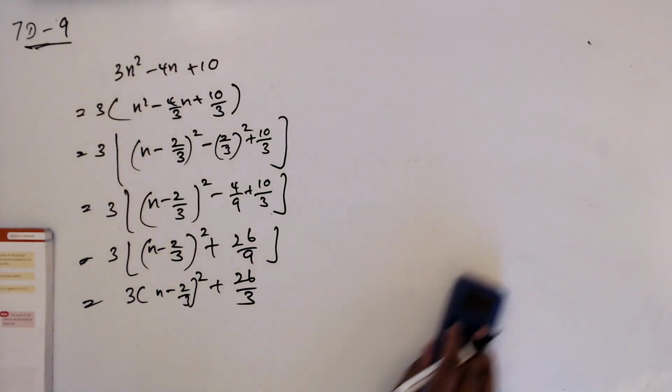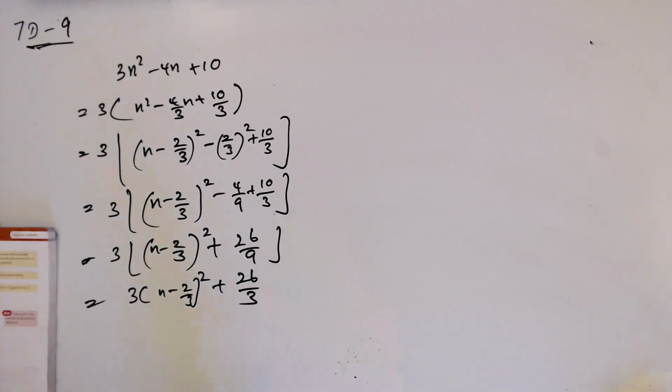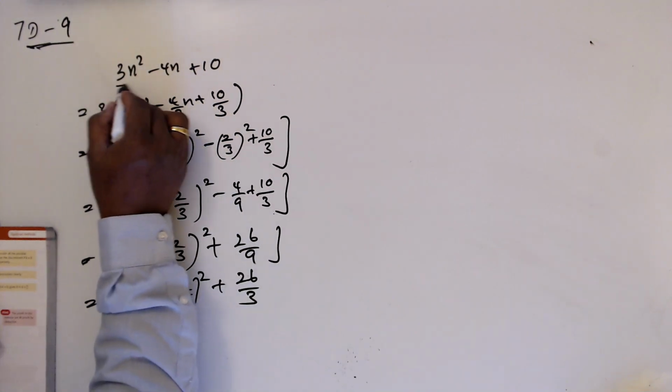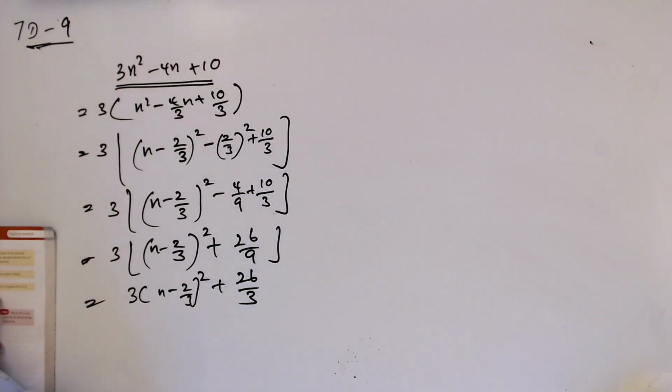Now we want to show that for all values of n this is positive. Now we want to show that this is positive for all n. What is this one?